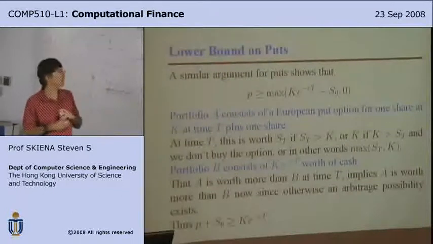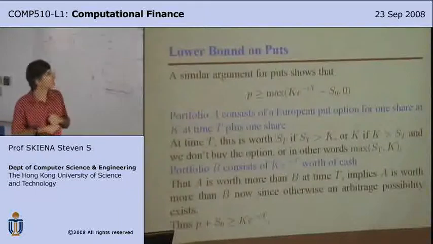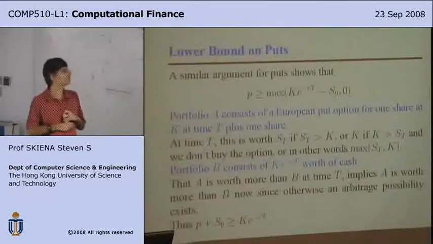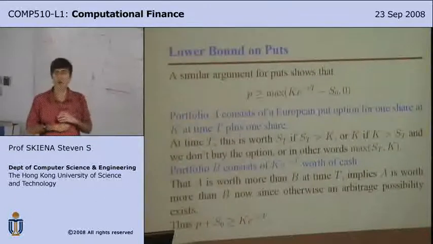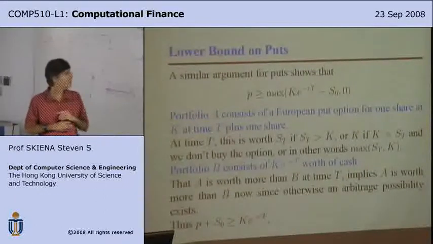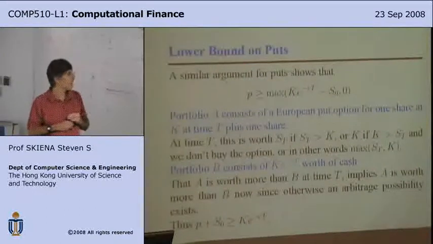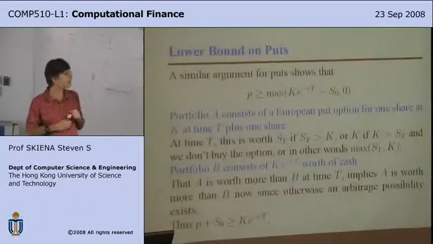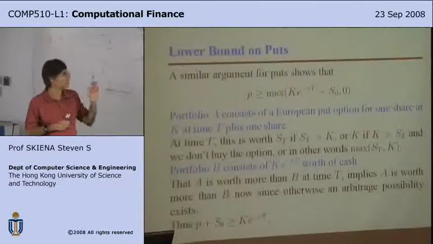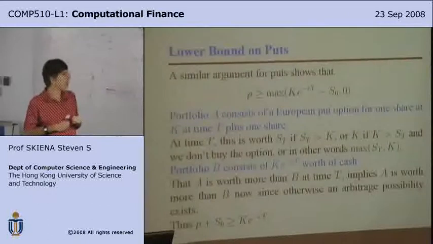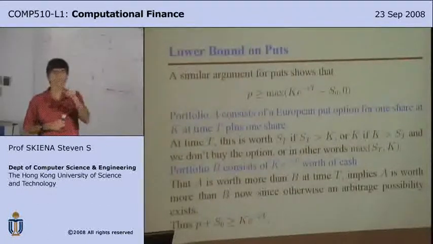If the stock price is high enough, I'm not going to want to sell a share at that price. If the stock price is above the strike price, I am going to keep the stock. If, on the other hand, the stock price is below the strike price, at that time I will sell it for the strike price.